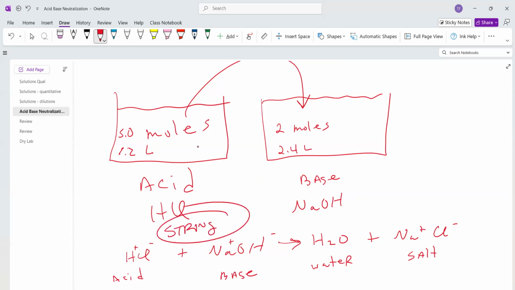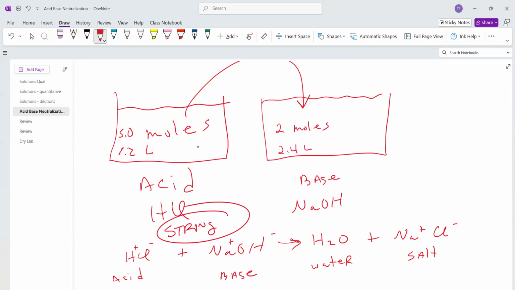Now this calculation is going to be made very simple compared to what it is if it's not a strong base and strong acid. Weak bases and weak acids are very complicated reactions. It ends up being a quadratic formula you have to solve, and it's much more involved.